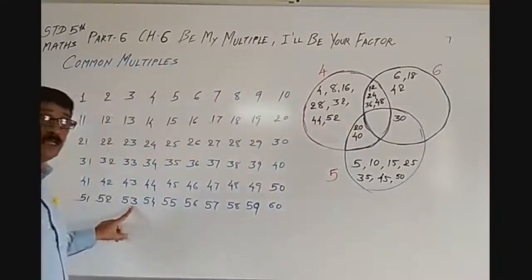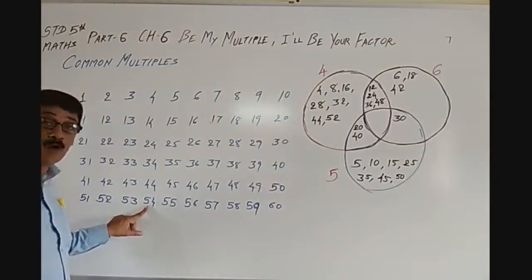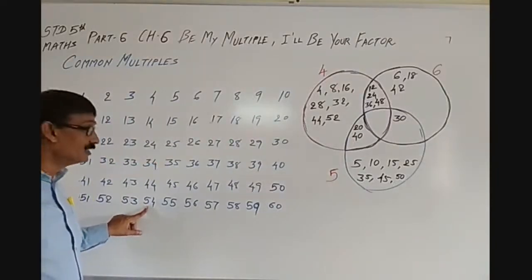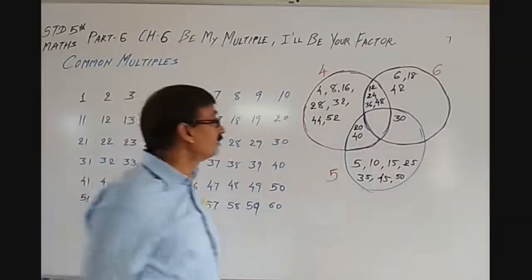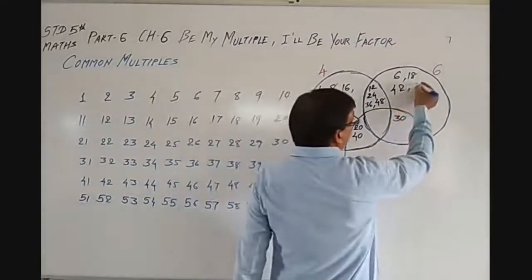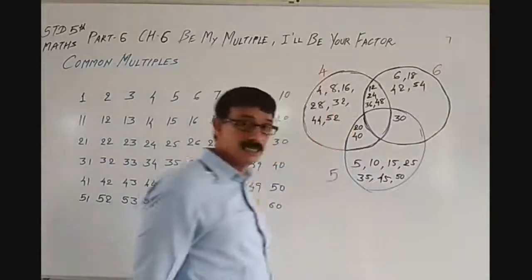Then 53, 54. 54 is a multiple of 6, 9 6s are 54, isn't it?